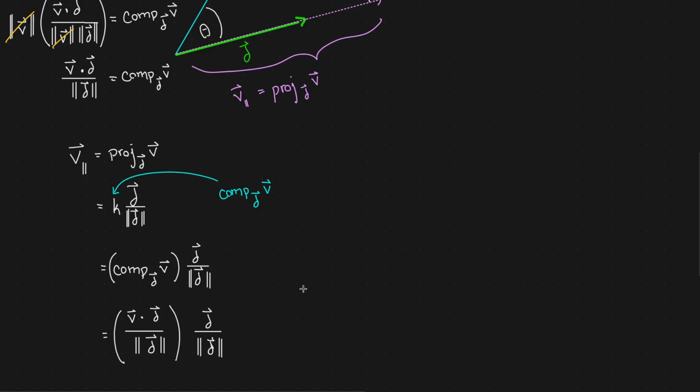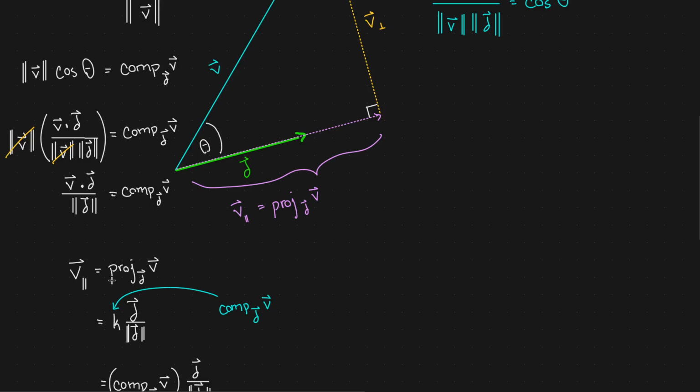Okay? All right, so I know that was a bit much, but we have derived the formula for the projection vector of v onto d, the orthogonal projection of v onto d, and as a mini step to that, we've derived the formula for the component of vector v onto d.